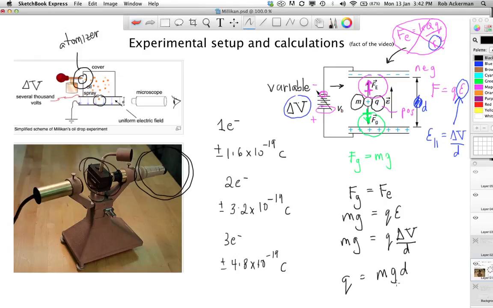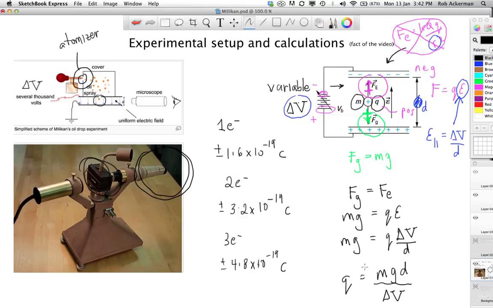D is the plate separation, which, as I'm sure you can imagine, measuring the separation of the two plates here is not hard. The manufacturer would probably tell you what the plate separation is, or if you were a physicist, you'd probably build it yourself, and you would know. And then, of course, we divide by delta V, and delta V is just the potential on the variable power supply, and that can be read with a simple voltmeter.